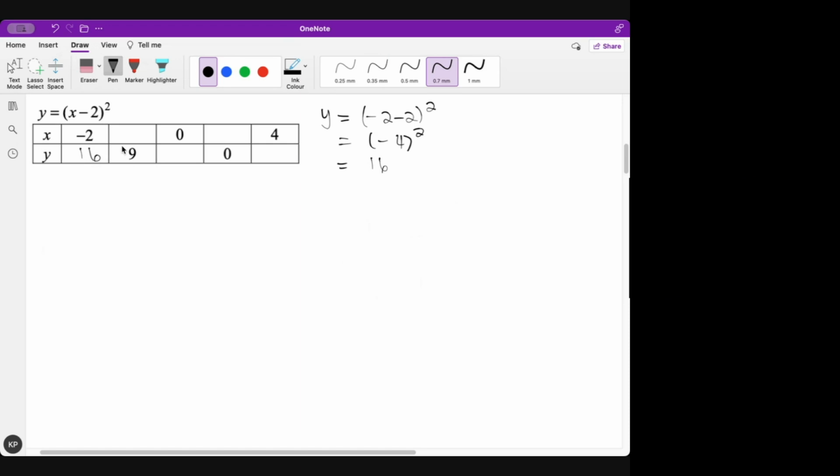Okay, let's see. Now we're going to substitute our 9 into my y value. How am I going to get rid of that square? What is the inverse operation for squaring? What's our inverse operation for squaring, guys?